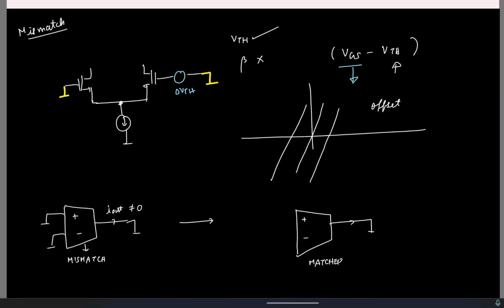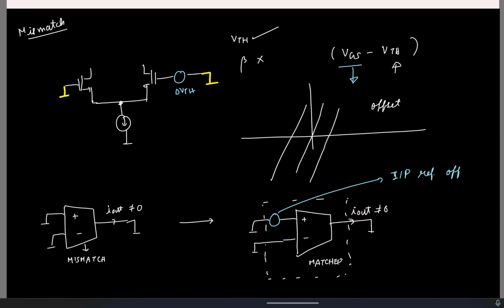But the non-zero output current for a zero input arises because we have an effective voltage source at the input. So this is the final OTA. We'll assume that the offset arises due to some voltage source that I have added at the input, and this is the input referred offset voltage.